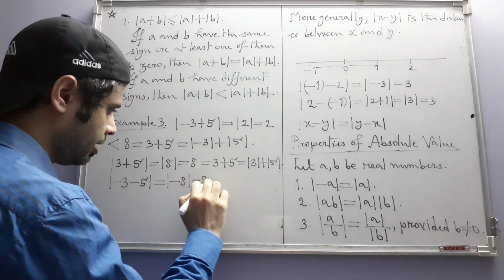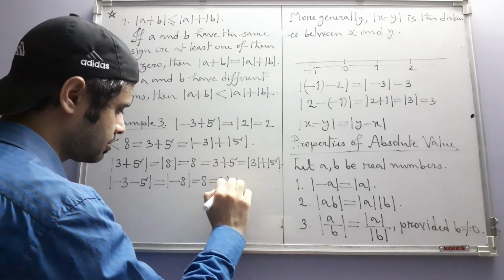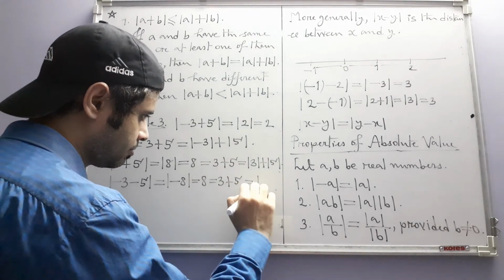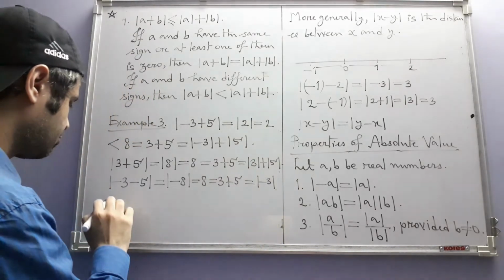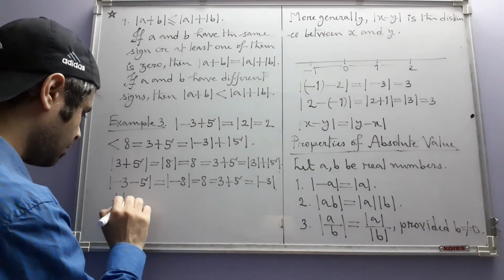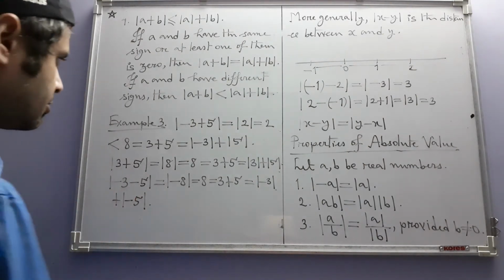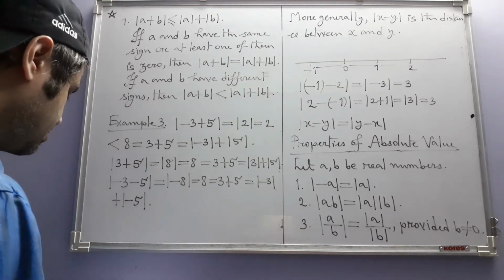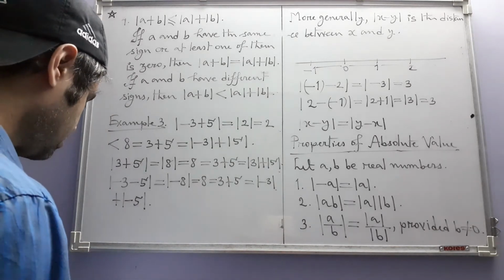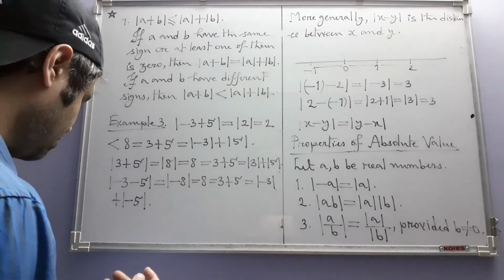This is equal to 8, that is 3 plus 5. This is absolute value of minus 3 plus absolute value of minus 5. Okay, so if there is a difference in sign, then we have strict inequality, otherwise we have equality.